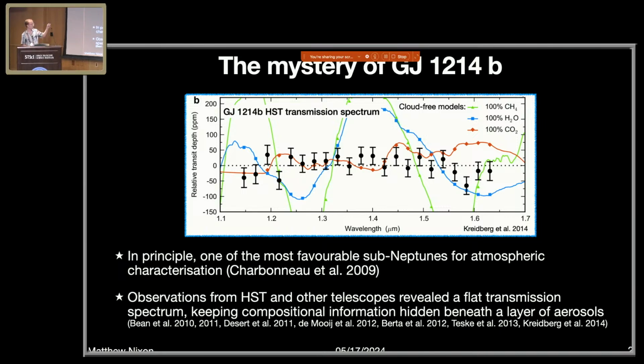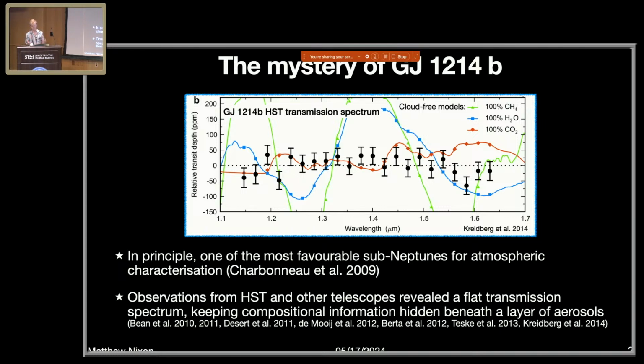But in fact, this thing is so flat and so precise that we did learn something. Even a high metallicity, high molecular weight atmosphere is too bumpy to fit the spectrum, which means you need some kind of aerosols, clouds or hazes in the upper atmosphere to explain these observations. So we did learn something about the atmosphere.